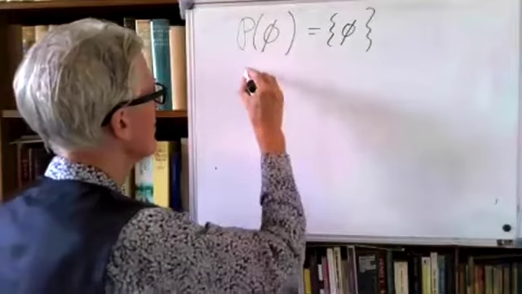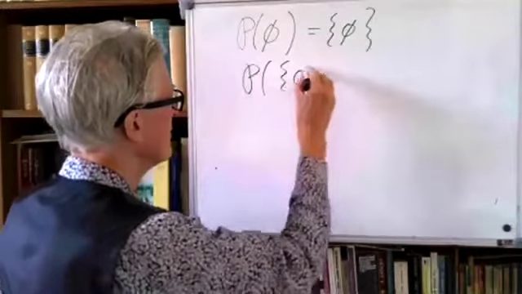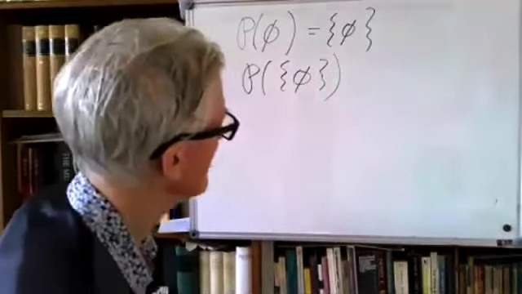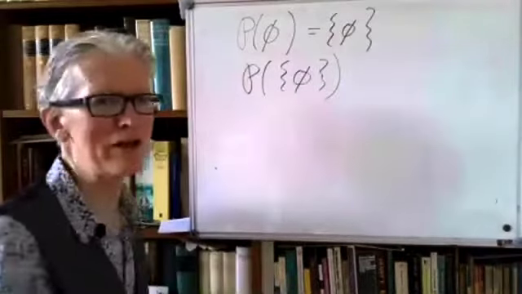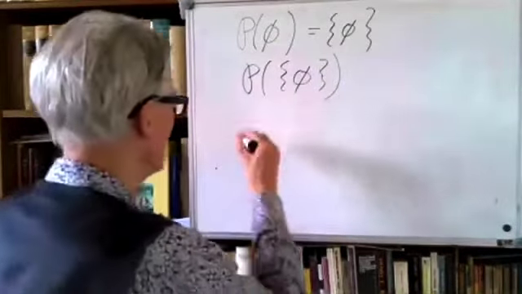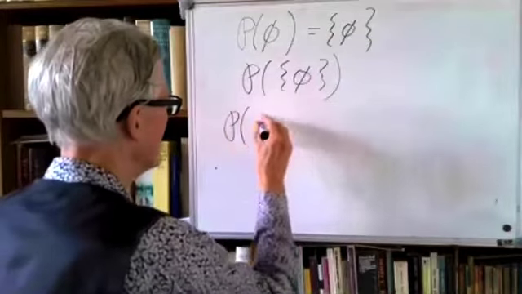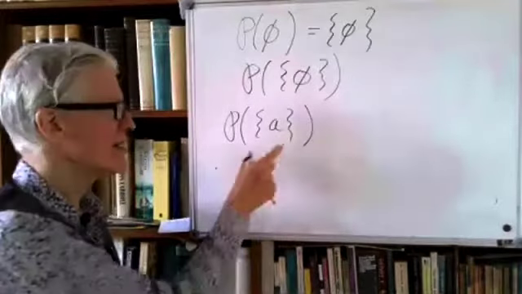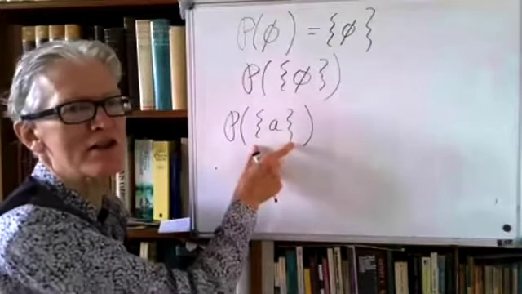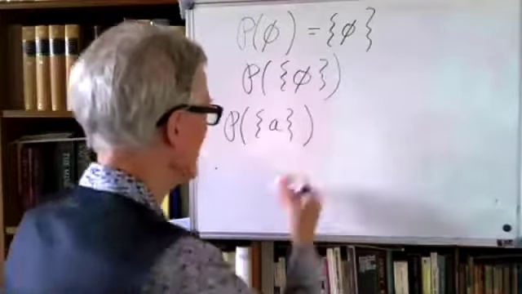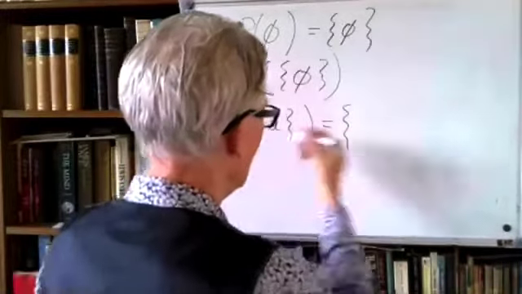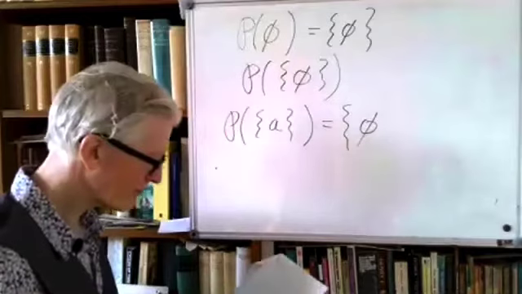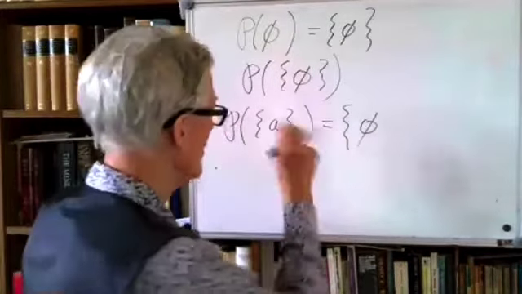On the other hand, this is a different matter. This is a set with a bona fide element. I mean, you might want to think about just in general the power set of any, we call this a singleton set because it's just got a single element. Power set of any singleton. Well, I know that the empty set is going to be in there. And what else can be in there?